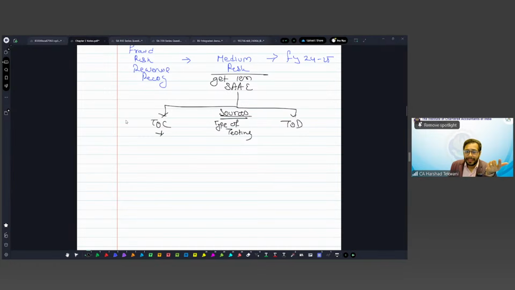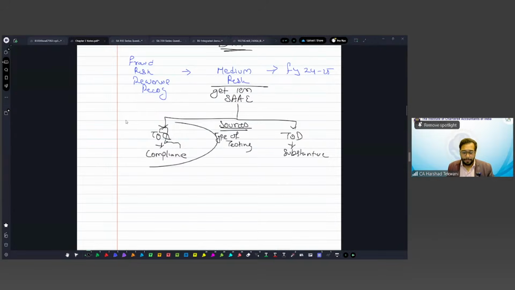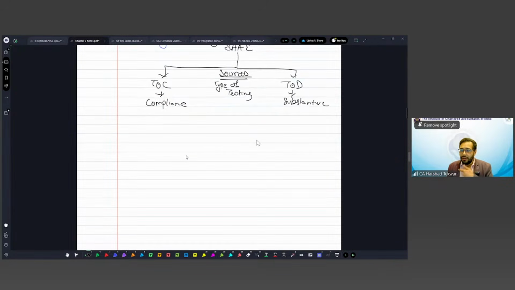You call this compliance testing, and this is substantive. So whatever evidence we get from TOC, the remaining evidence we have to get from the TOD.